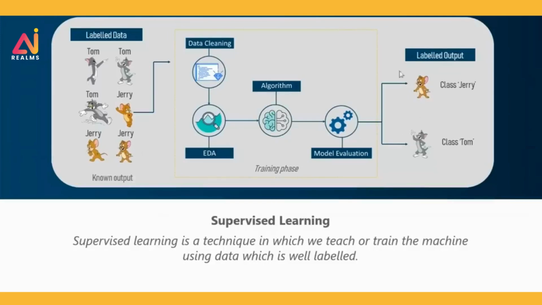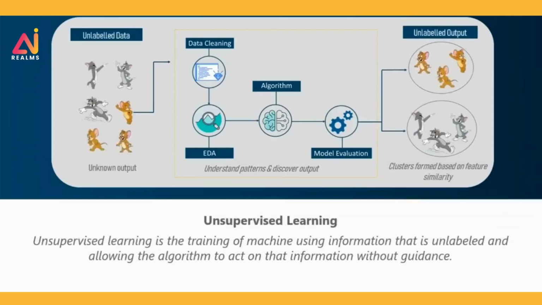Okay? So basically, you'll get two different classes, one of name Tom and one of name Jerry, and you'll get them labeled. That is how supervised learning works. The most important thing in supervised learning is that you're training the model by using a labeled dataset. Right? Now let's move on and look at unsupervised learning.